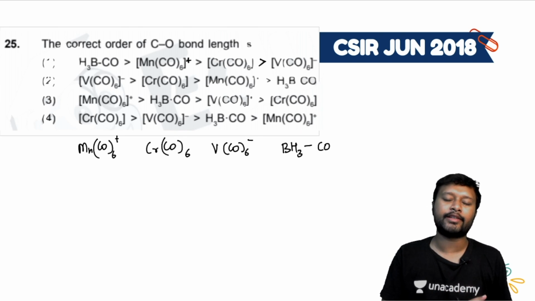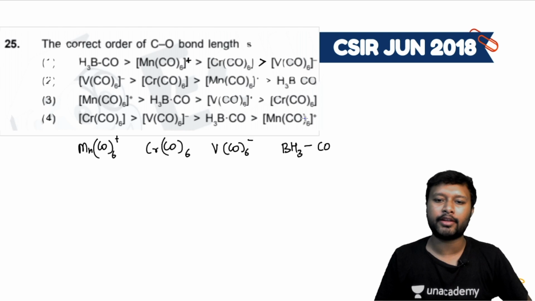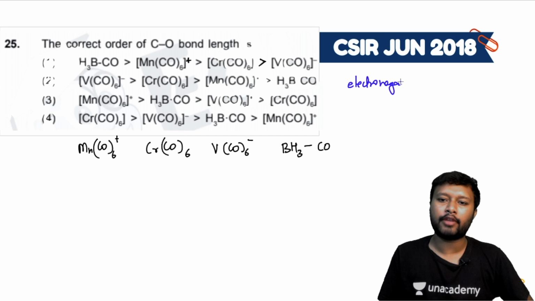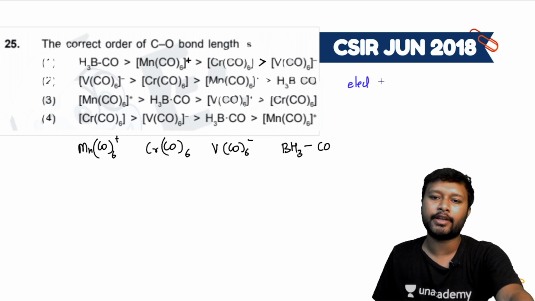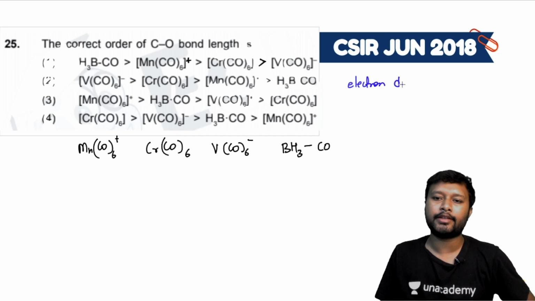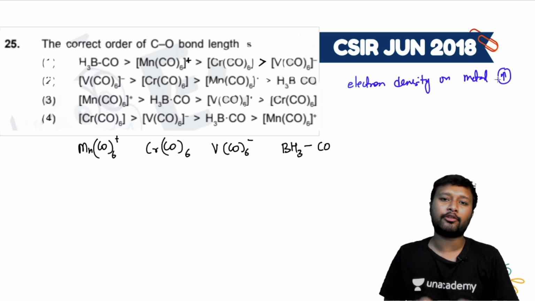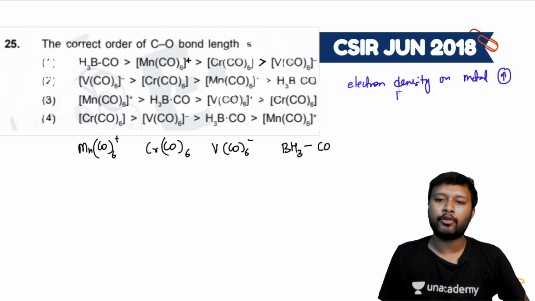First, let's try to do the order of carbonyl frequency, because we are quite aware of this. We have studied that concept in a more rigorous way. You know that if the electron density on the metal increases, what will happen?